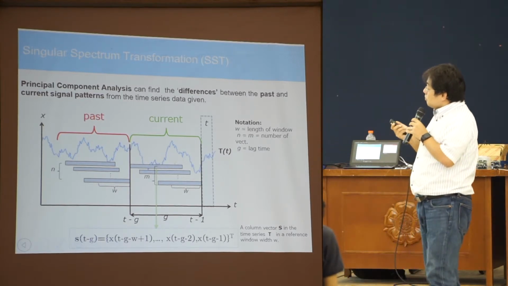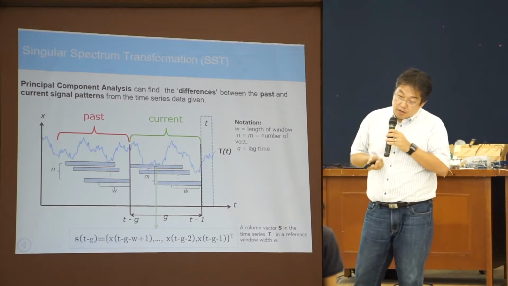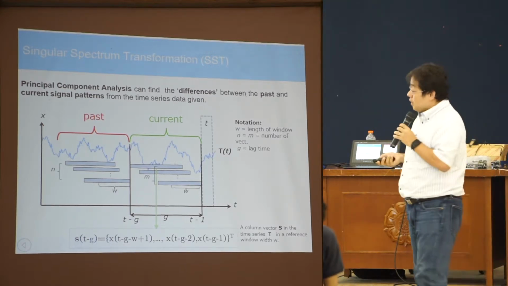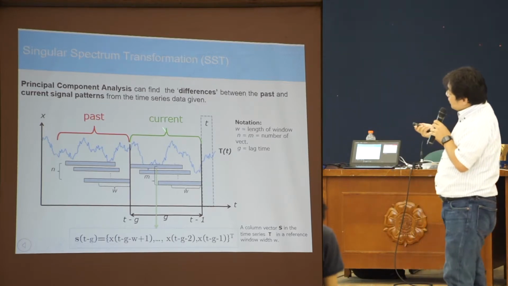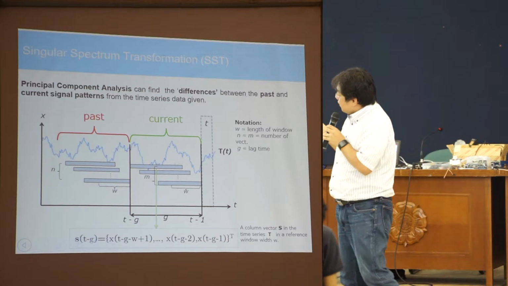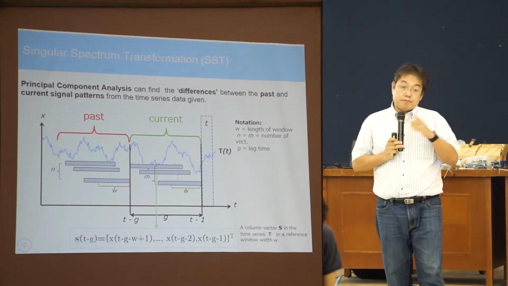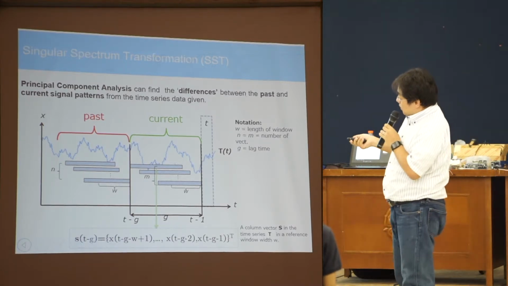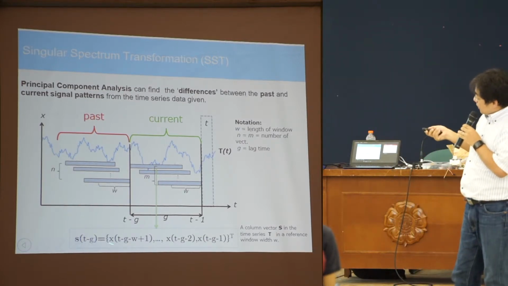So we try to use singular spectral transformation. This is one of the eigenvalue analyses of mathematics. Principal component analysis can find the differences between the past and the current change of the time series data. First of all, we define the segment of this data.